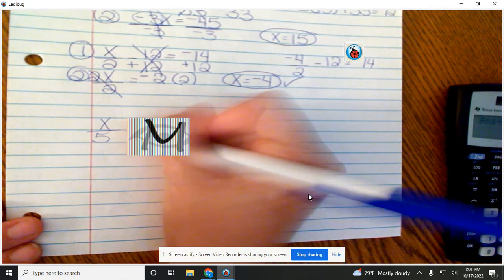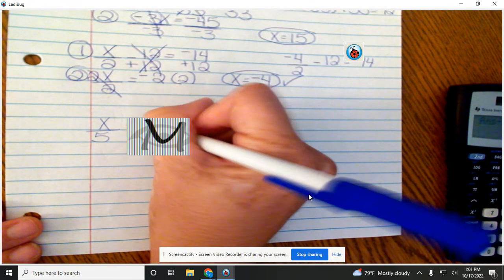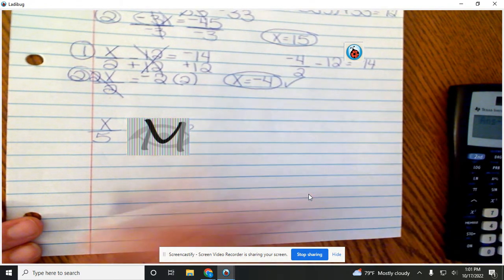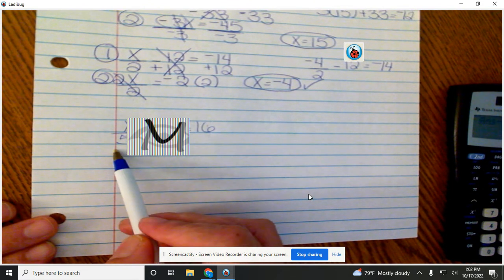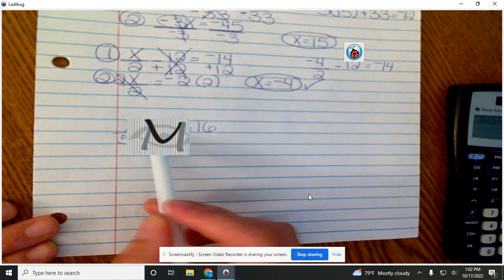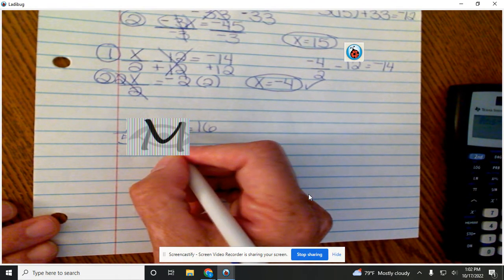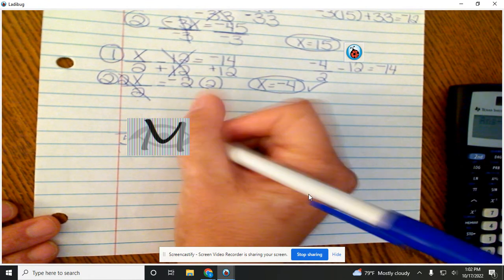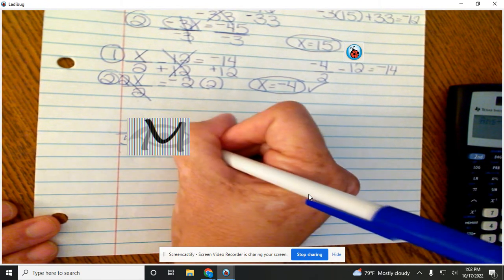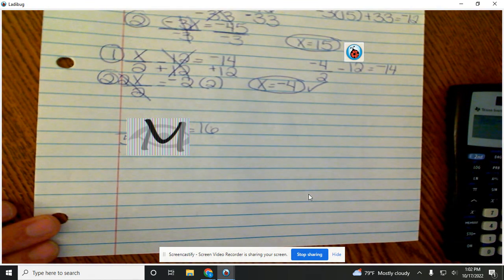So x divided by 5 plus 7 equals 16. Once again, I want to get x by itself. So the first step we're going to do is get rid of this 7. The opposite of plus 7 is minus 7. Positive 7 minus 7, you get a big fat 0.